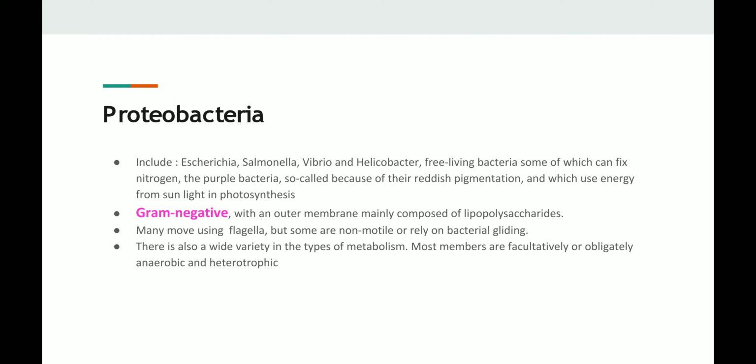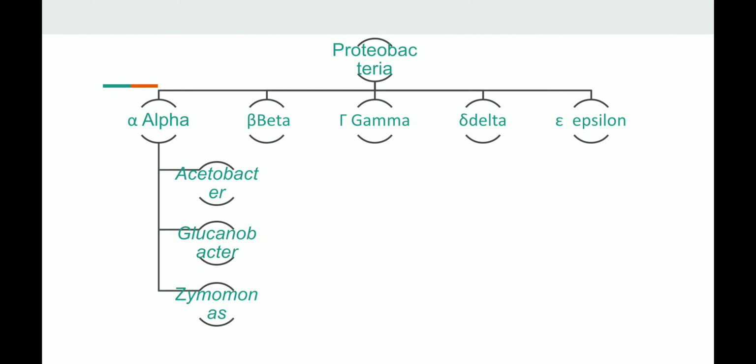The Proteobacteria include bacteria which are pathogenic to humans, such as Escherichia, Salmonella, Vibrio, Helicobacter.